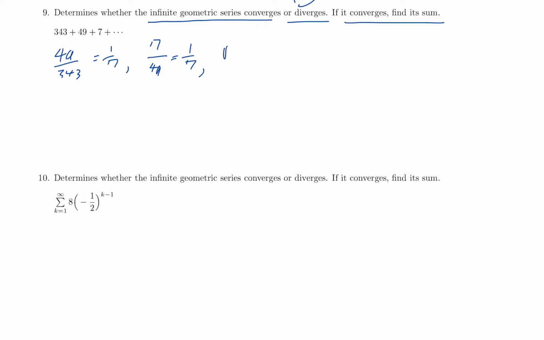So the common ratio is 1 over 7, and the absolute value of 1 over 7 is less than 1. We always have to check that rule, because if this is the case, then we can find the infinite sum for a geometric sequence. So it converges.